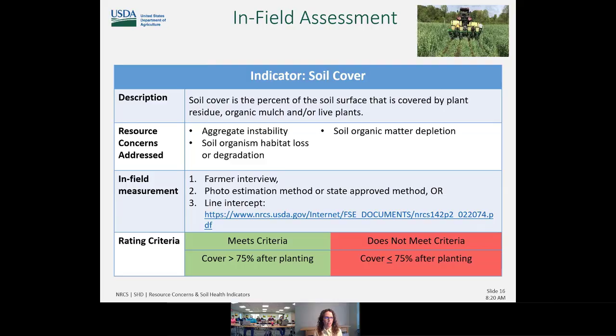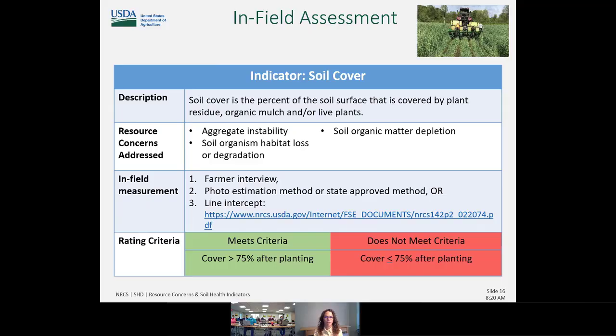So we look at residue cover because it is associated with risks of soil erosion, how much impact a soil surface might have to withstand in terms of rain, and how much risk of erosion there is. And it also reflects the amount of food source that could be supplied to soil microbes.